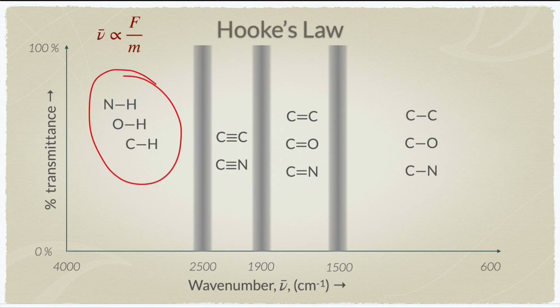Now, but then these are also single bonds. Here we can see the effect of the mass. The hydrogen atom is the smallest, lightest atom in the periodic table, so its mass is very, very small.